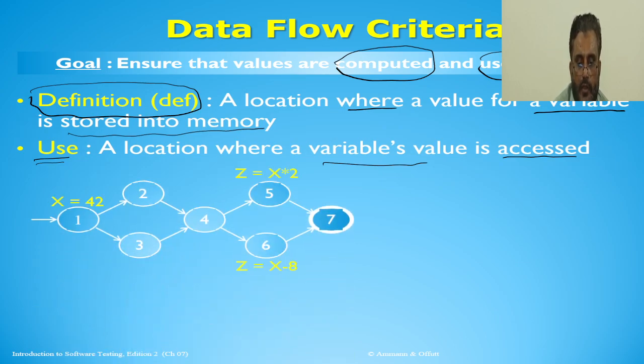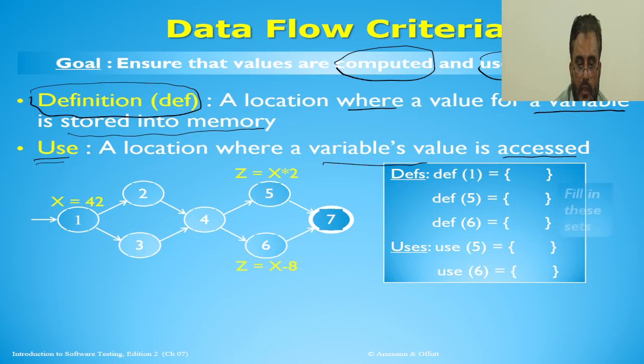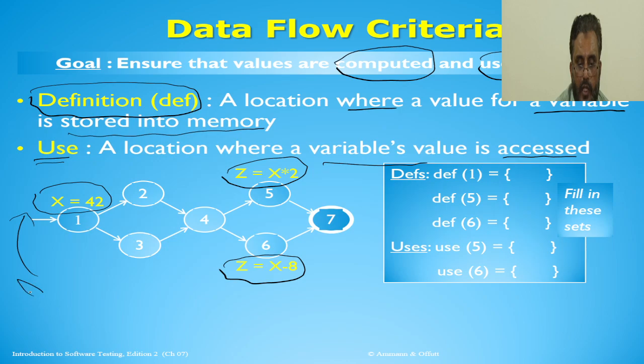So for example, here we have this simple graph, and the difference you see compared to the earlier graphs we have seen is that here we have declarations and uses, or definitions and uses, of some variables, and these are not present in the CFGs we have studied so far. So in technical terms, we say that the graph has been annotated.